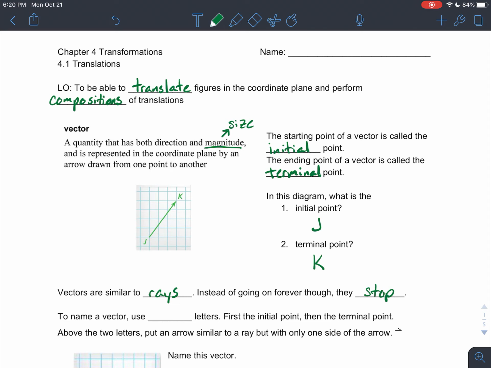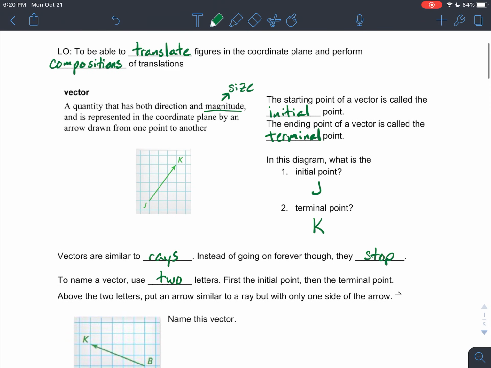So naming a vector is very similar to naming a ray. We're going to use 2 letters: first the initial point, then the terminal point. Just like with naming a ray, direction matters. The initial point goes first, then the terminal point. And above the 2 letters, put an arrow similar to a ray, but with only one side of the arrow.